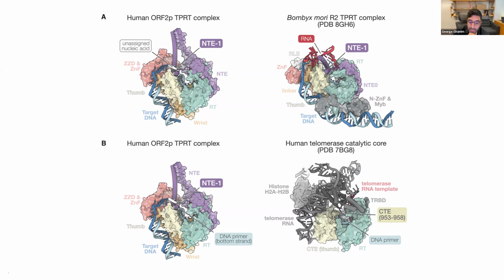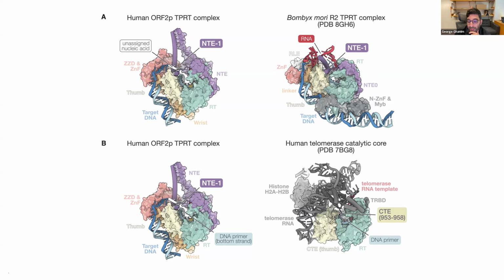And I didn't mention it here, but retrotransposons are a little bit unusual in the reverse transcriptase. They're not like HIV reverse transcriptase. They have additional regions that help them do the things that retrotransposons do that retroviral integrases, reverse transcriptases do not. And one of those regions is called the NTE, and it's important for template jumping or template switching.